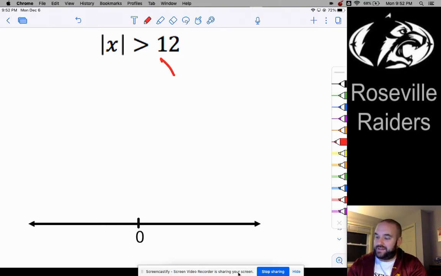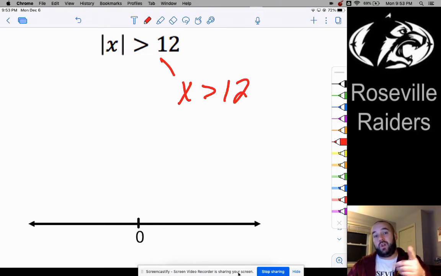I could have x is greater than 12, right? 13, 14, 15, 100, 3 million. But those aren't the only numbers whose absolute value is greater than 12. There are also the negative numbers, -13, -14, -15. And those numbers can all be described by the inequality x is less than -12.